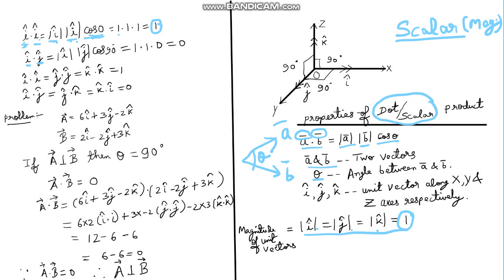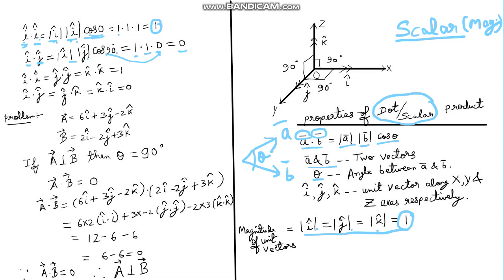Whereas when we take two perpendicular unit vectors, i along the x axis and j along the y axis, the dot product will be equal to 0. How? Magnitude of the first is 1, magnitude of the second is also 1, but the angle between the two perpendicular vectors is 90 degrees, and cos 90 is 0. So the output will be 0.